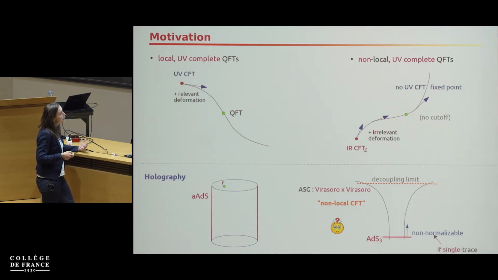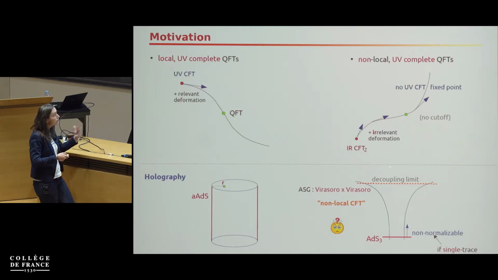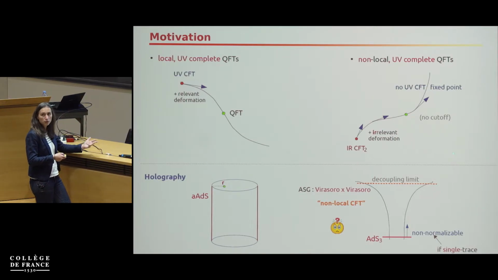So the game that one plays in this asymptotic symmetry group analysis is to try different boundary conditions and see which ones are consistent, which ones give conserved charges that are finite, conserved, integrable, and so on, and basically restrict to those boundary conditions that make sense.